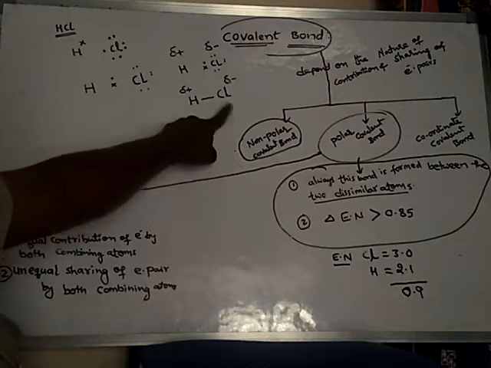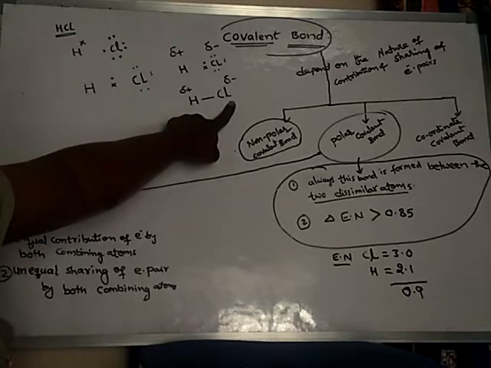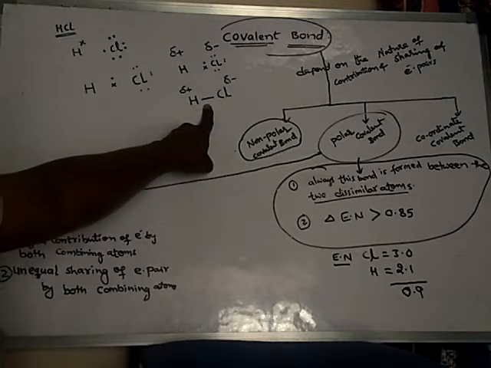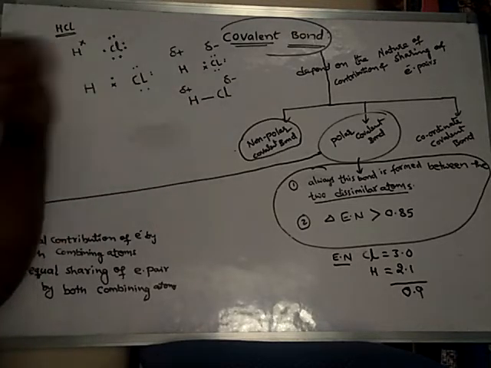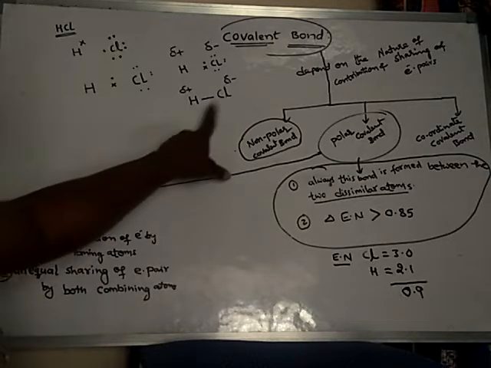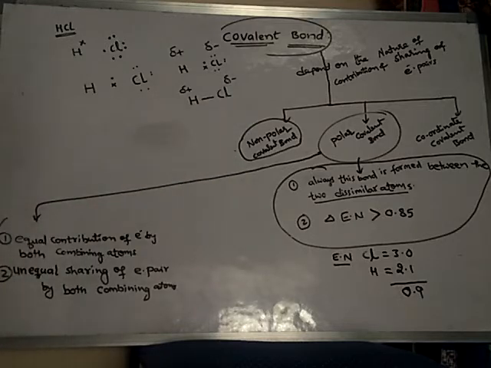That means two opposite poles, a negative pole and a positive pole. Hence this bond is said to be a polar covalent bond, because it has opposite poles at opposite ends.